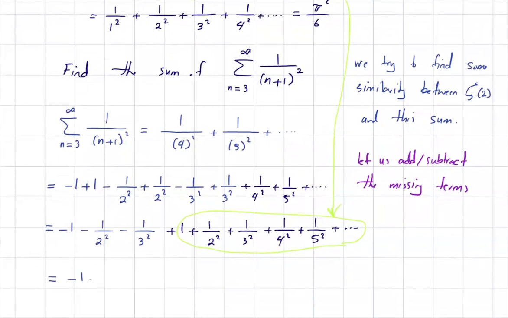So you get -1 minus a fourth minus 1 over 9 plus pi squared divided by 6.